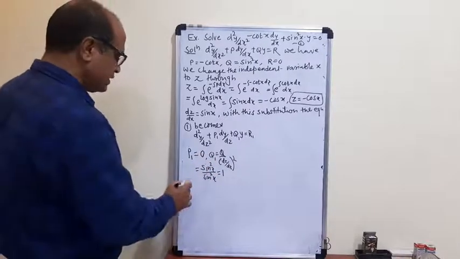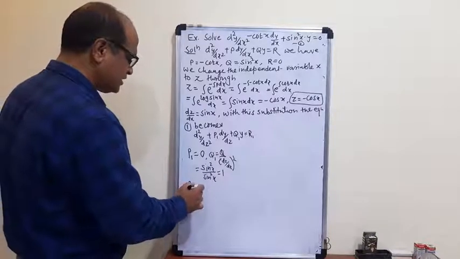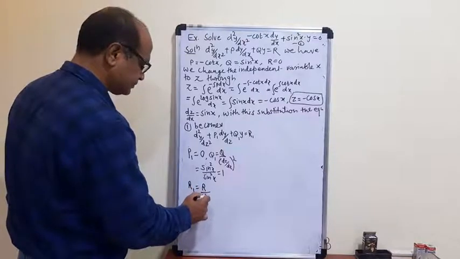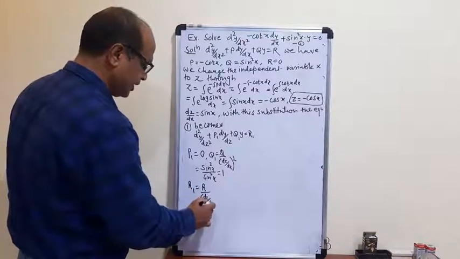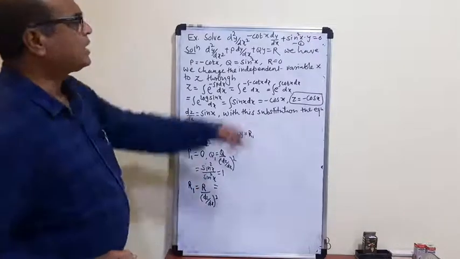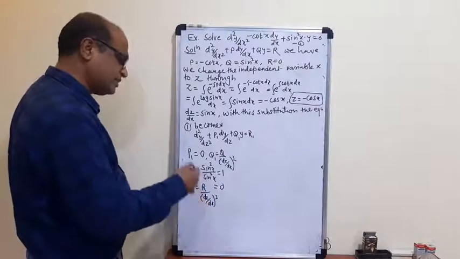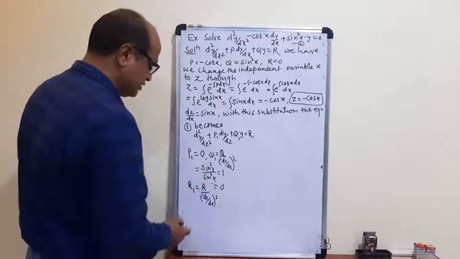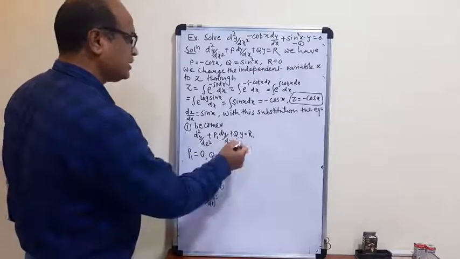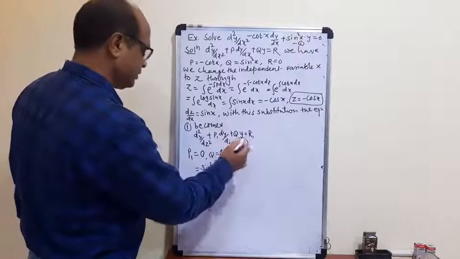Similarly, what is r1? This is r upon (dz by dx) bracket square. But what is r? r is 0 there. So 0 upon sin square x is 0. So with this substitution, this is equation number 2.